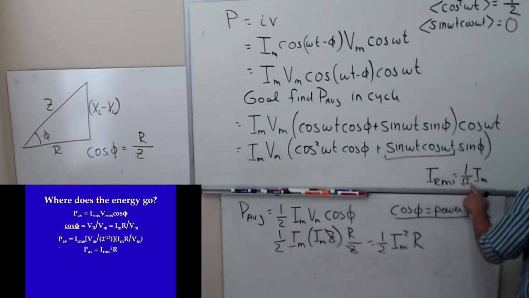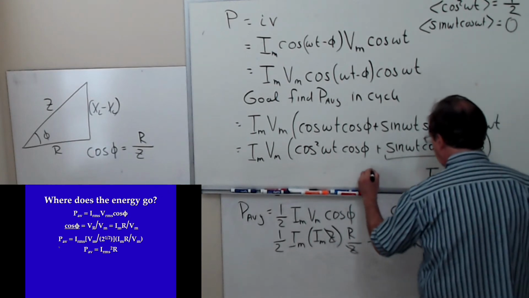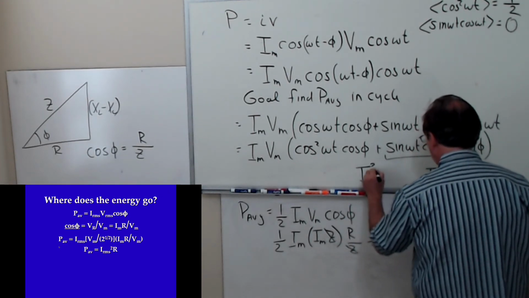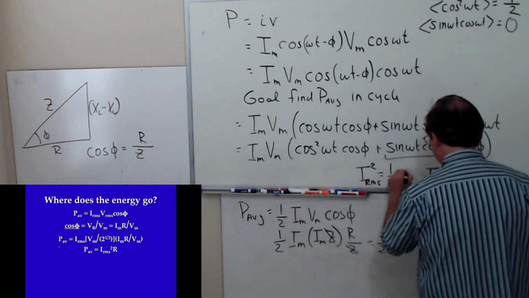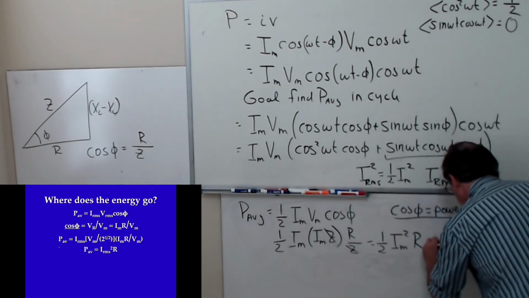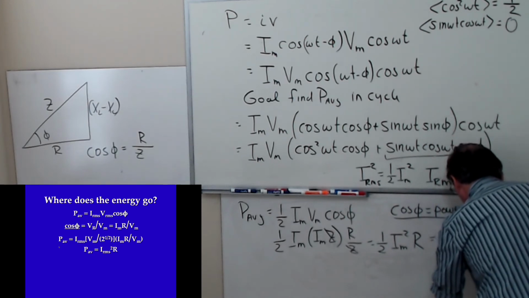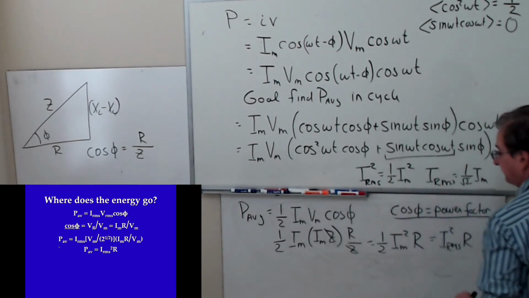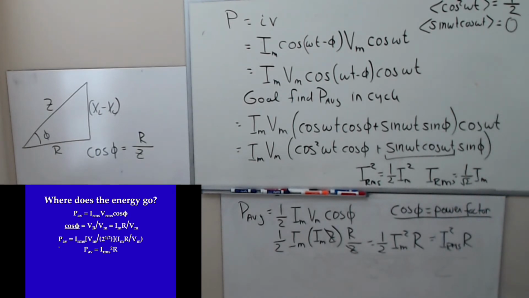If I square both sides, I get I RMS squared equals 1/2 I sub m squared. So this is I squared RMS times R. So the average power, the average energy, is dissipated by the resistor.